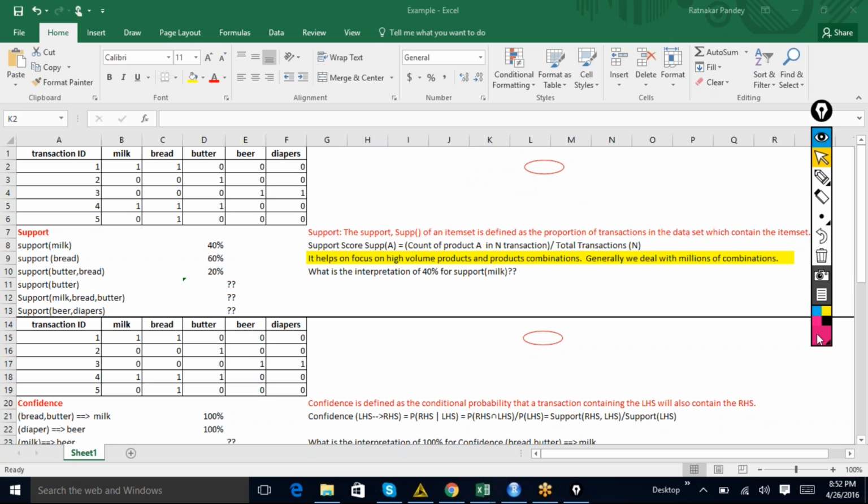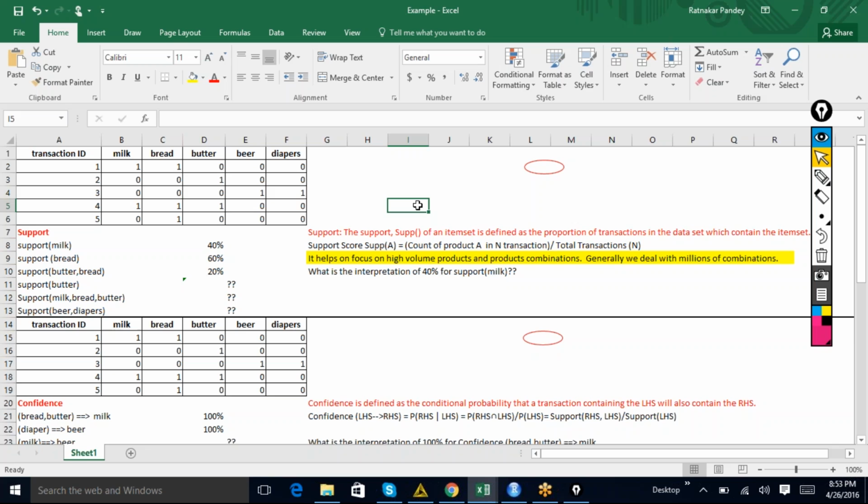No, Devesh, that is not the correct answer. I'm saying when bread and butter both have been bought together. Vijender, Vijayshri, Richa say 1. Yes, that is the correct answer. Bread and butter together have been bought only in one instance, so the support for bread and butter is 1 divided by 5, which is 20%.